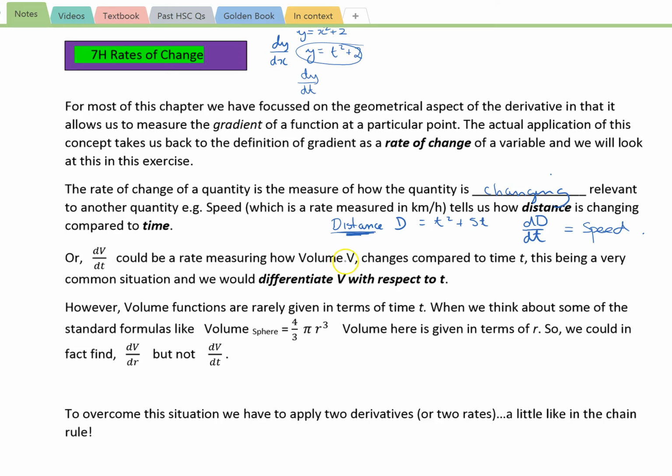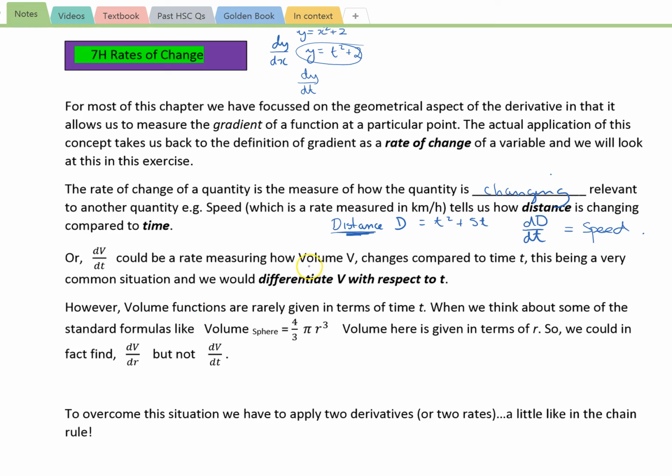If we have the volume expressed in terms of the time, then we could mathematically calculate dV/dt, and what that would be giving us would be the rate of change of the volume, the rate at which the water was going into the pool, the rate at which the pool was filling.